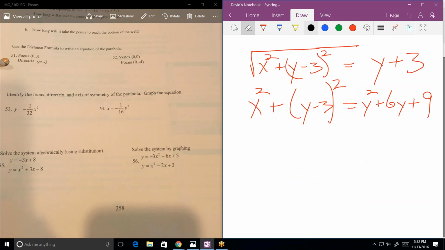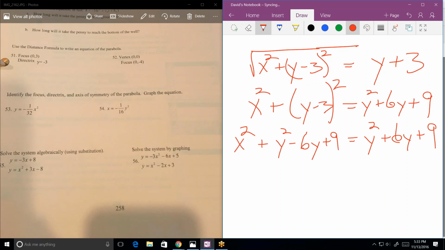Now, expand the left by applying y minus 3 squared. What do you get? You get x squared plus y squared minus 6y plus 9. Now I can do some heavy-duty canceling. What can I cancel?